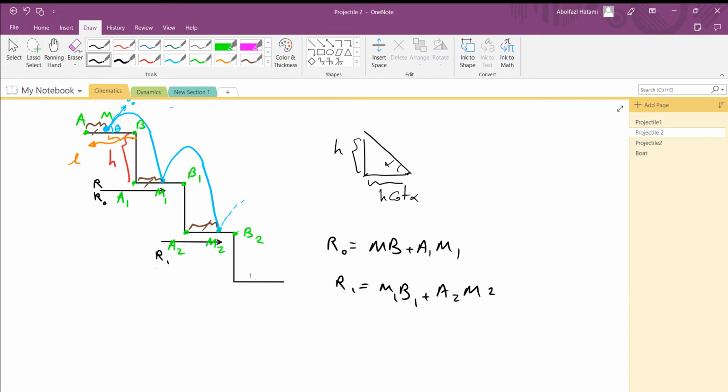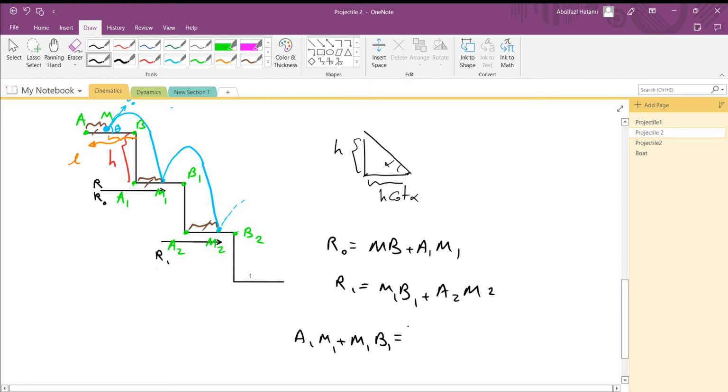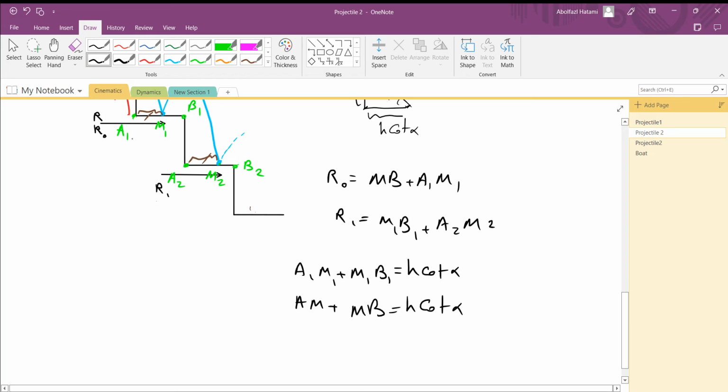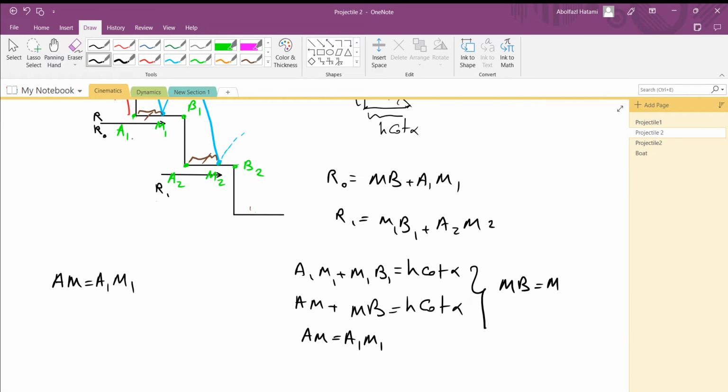We know that A1M1 plus M1B1 is equal to h cotangent of alpha, and also AM plus MB is h cotangent of alpha. And we know from the assumption of part A that AM should be equal to A1M1. So from these equations, we notice that MB should be equal to M1B1.